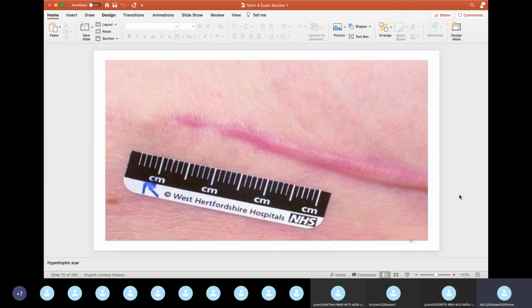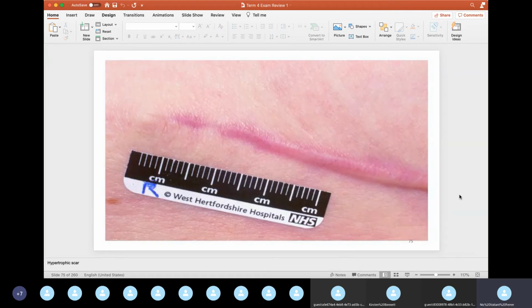And then you have a scar formation. This is an example of a hypertrophic scar. This is due to excessive deposition of what type of collagen? Type 1. Careful.